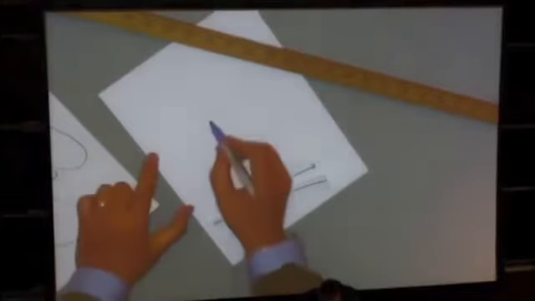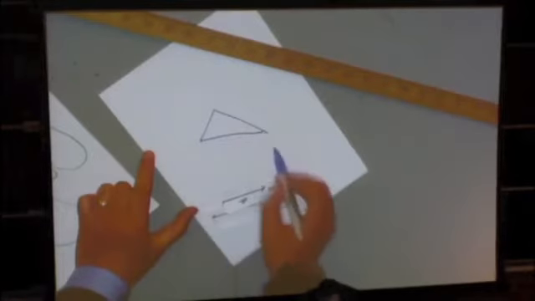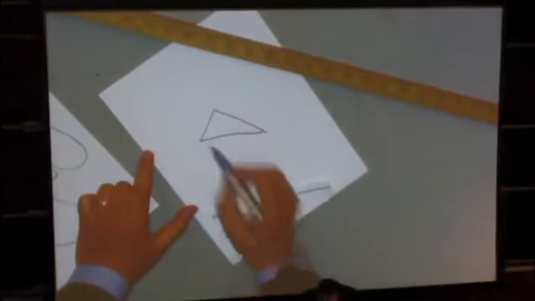Anyone? Yes? Don't the two smaller sides, if you add them together, have to be greater?